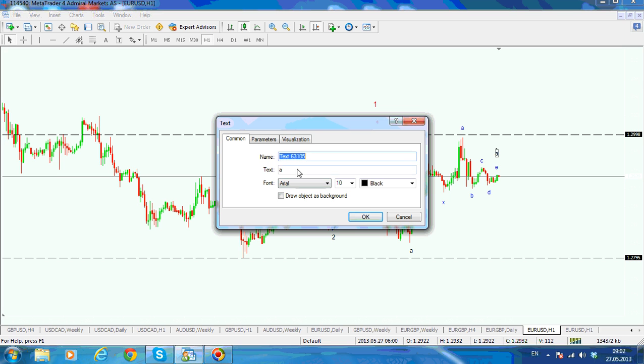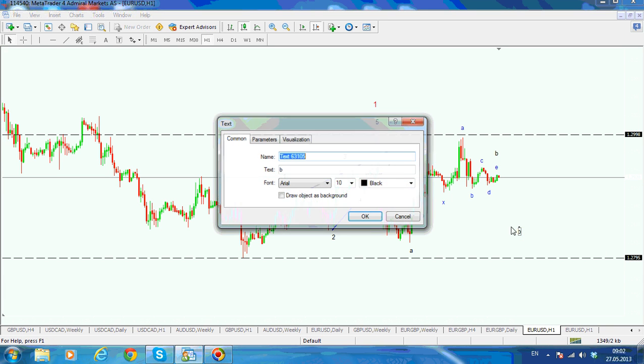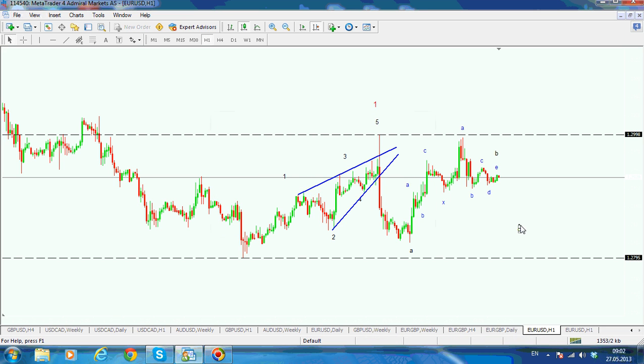And if this B wave black is completed here, then we are looking for a C wave black to come to the downside. Now it's going to be extremely important what kind of a move we're going to have on a C wave. Why? Because we have A, then B here, let me mark the B with a different color, this being the contracting triangle.